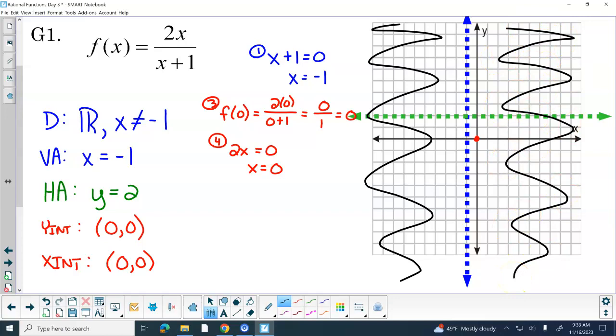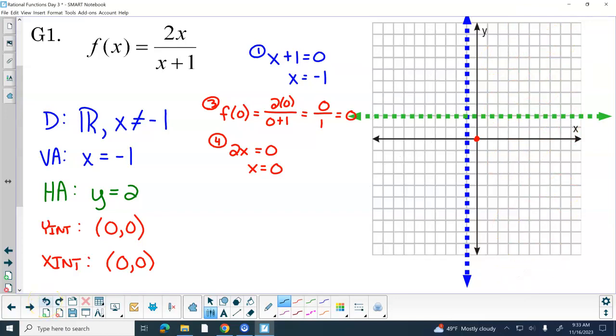I asked you what defines where a zone is. Vertical asymptotes break up your graph into the different zones. So over on this side, I'm going to make a T-chart. Now I only really need one. Later on, you're only going to need one. But for right now, we should get 2 or 3 points over there.